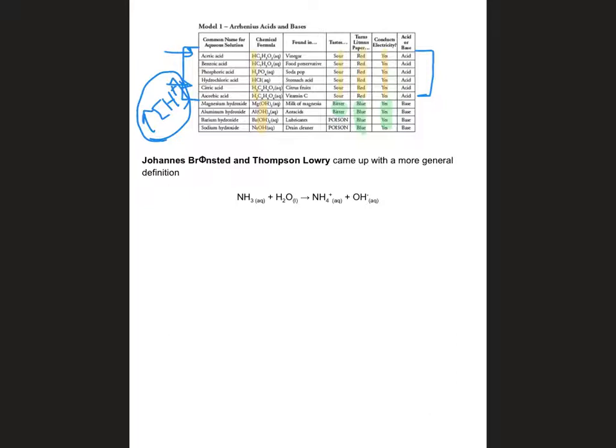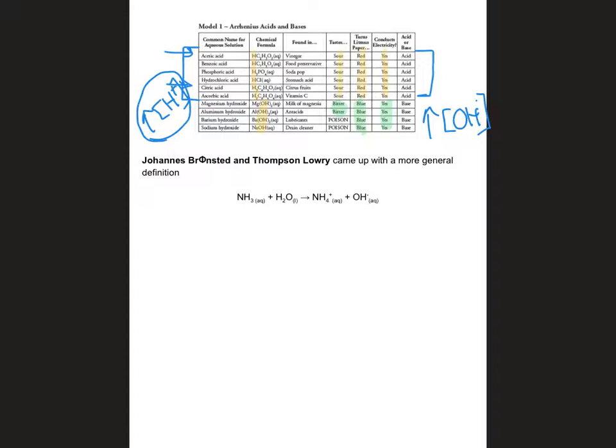And then a base is something that will increase or give up an OH minus. Okay, so all of the acids in the Arrhenius definition have a proton, that H, that they can break off of their formula. And all of the Arrhenius bases have an OH in their formula as well.